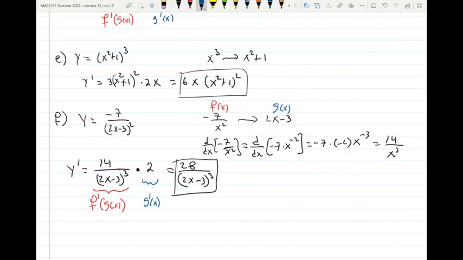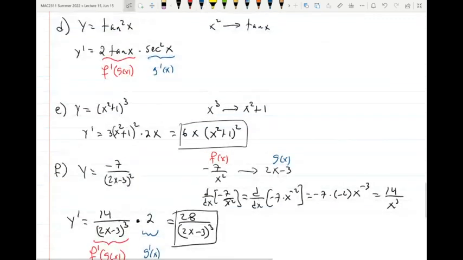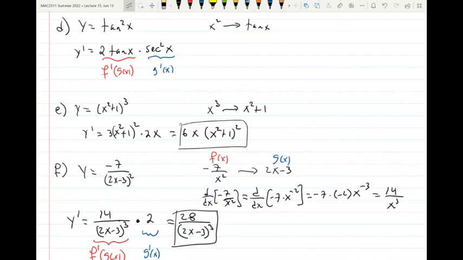Okay, questions? No? Okay, let me make an observation here. Let's take a look at E. Notice that when we did this derivative, it kind of looks like the power rule, right?